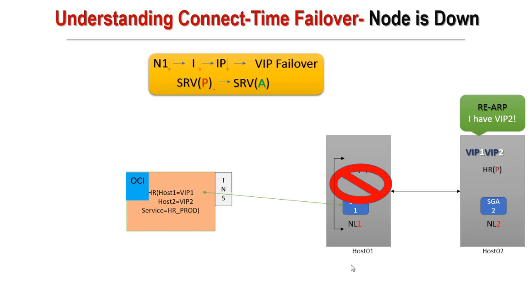So when the particular VIP1 is moved to node number 2, this changes not only the host for the particular VIP, it also changes the MAC address of the particular VIP.